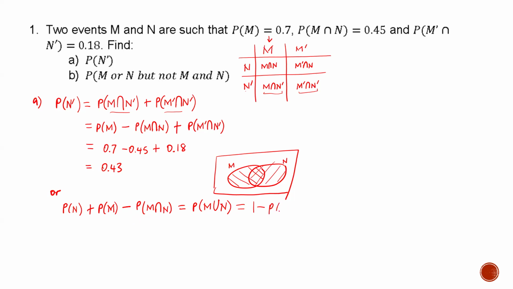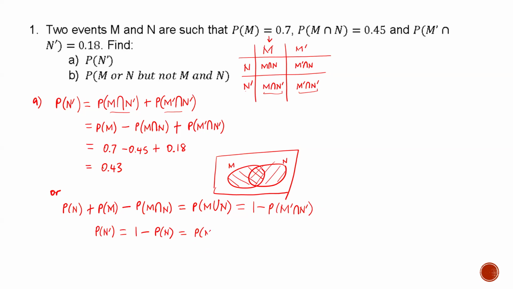And the outer part is M complement intersection N complement. So this equation could also lead you to get the same answer. You realize that if you rearrange this equation to get what we want, remember what we want is the probability of N complement, which is 1 minus the probability of N. So you could take the P of N to the right and bring everything else to the left.